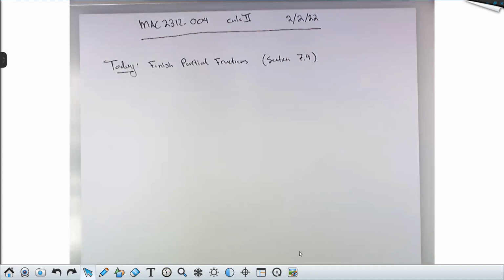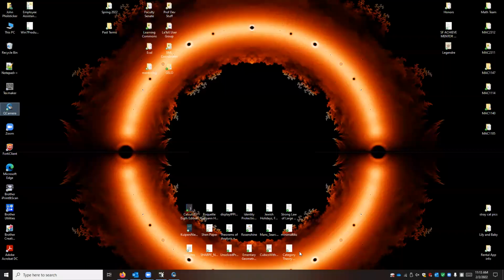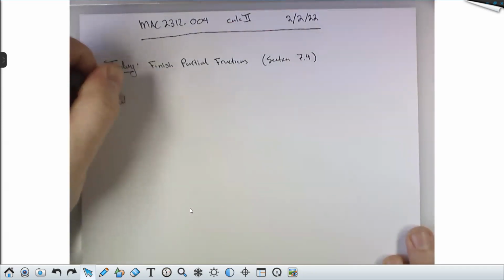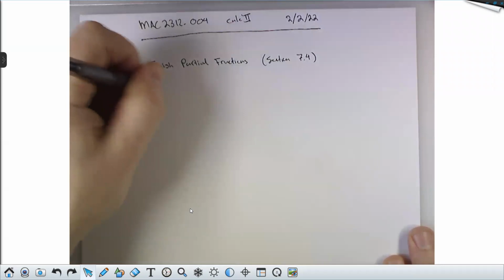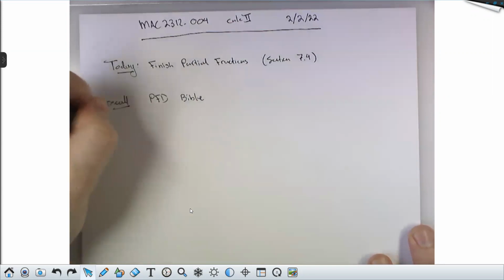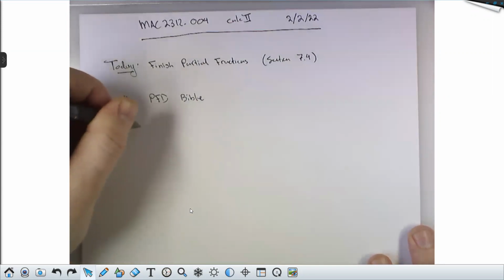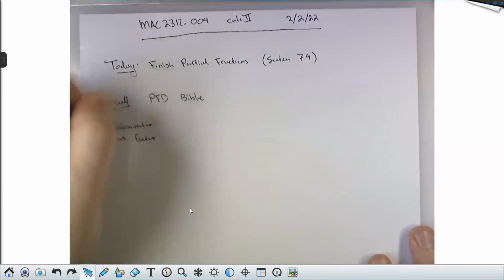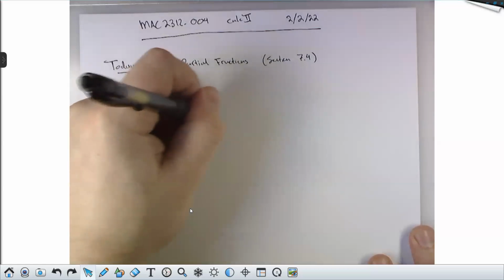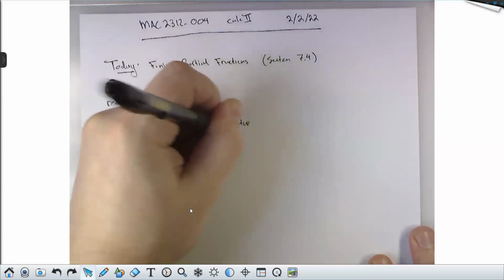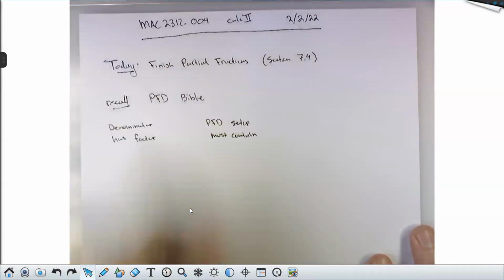I will begin by reminding you what we've said so far. Let me just pop open your book so I have a ready source of examples. Recall our PFD Bible. This says if the denominator has a factor looking like something here, then the PFD setup must contain whatever I put here.